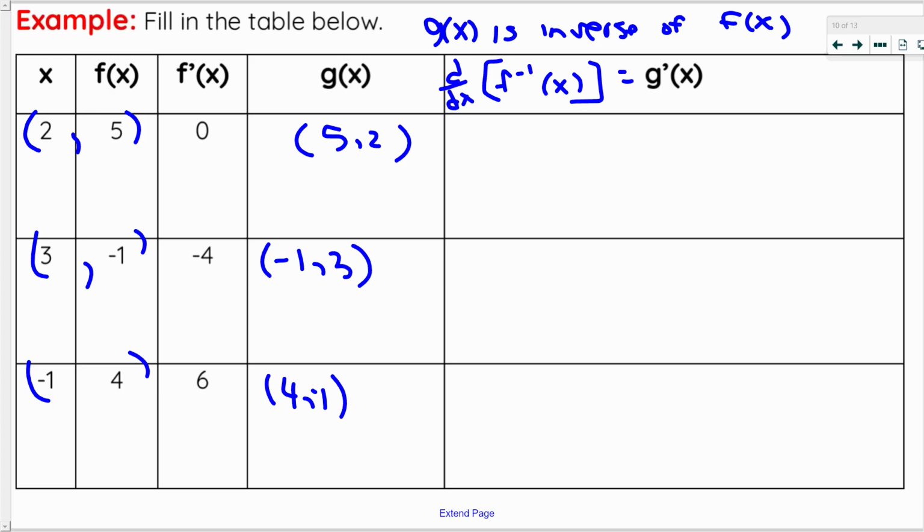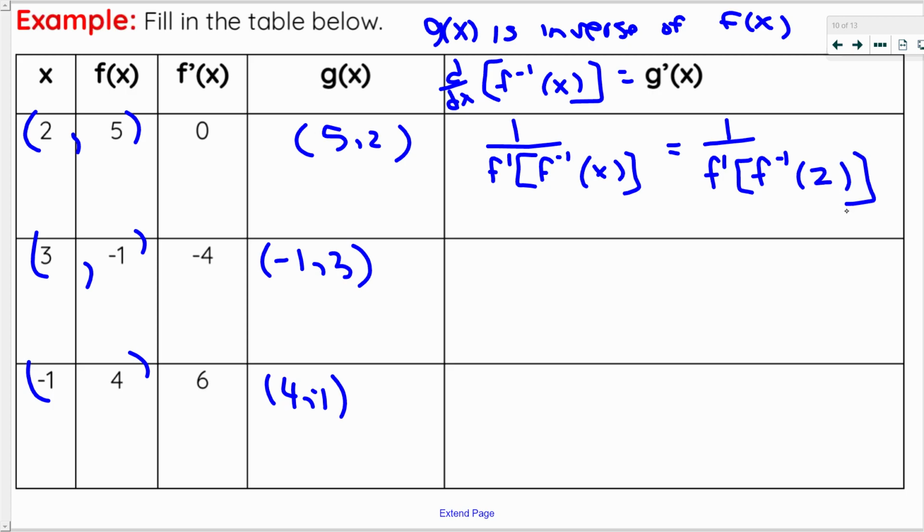Okay, so let's apply our formula. That's going to be 1 over f prime of f inverse of x. That's what we're going to do for every one of these. So this is going to be 1 over f prime of f inverse of 5.